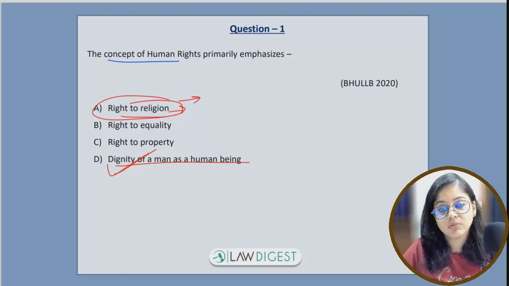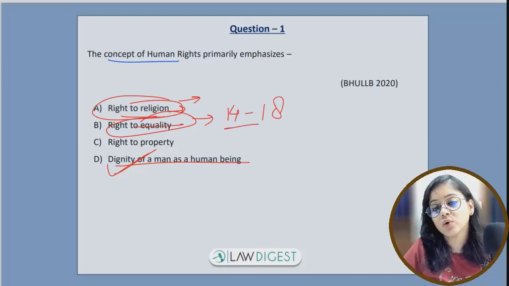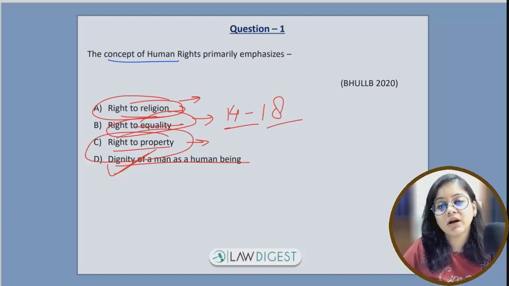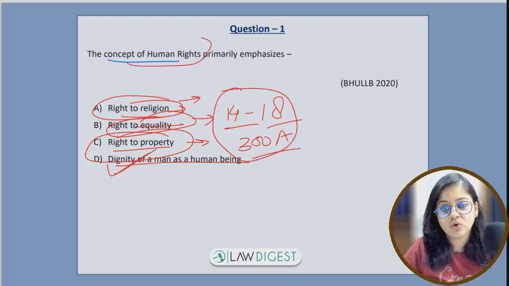Then right to equality falls under the equality laws, that is given under article 14 to 18. Then right to property is also given under article 300A. So these are the different heads that are there. So the concept of human rights falls for option D, that is dignity of man as a human being.